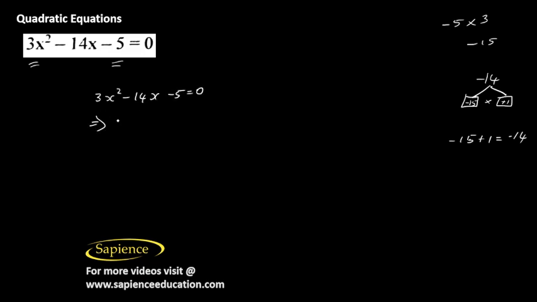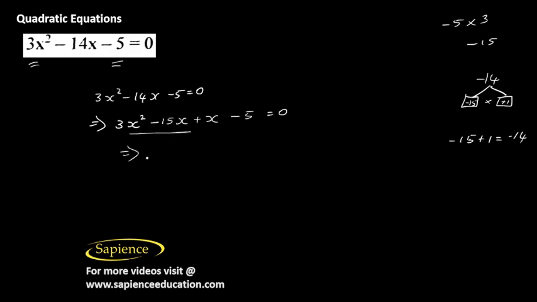The equation 3x square minus 14x minus 5 equal to 0 can be rewritten as 3x square, and instead of minus 14x, I'm just writing minus 15x and plus x, which is also equal to minus 14x. So that is how we should split the middle term, and minus 5 as it is equal to 0.